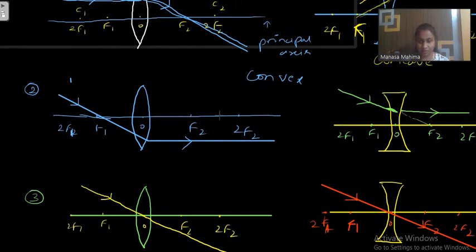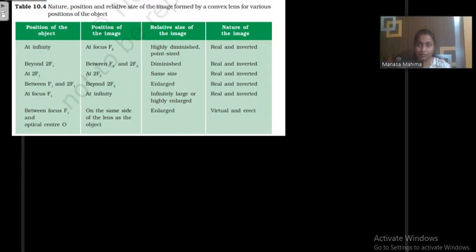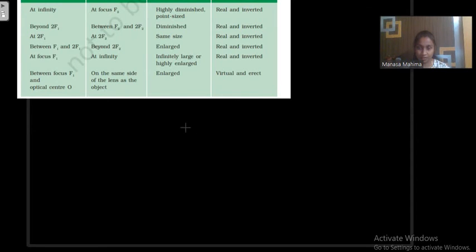If we see the first case, where we have to place the object? Yes, if we see this table, what is the first position that we have to take? We have to take the position of the object to be at infinity. For that we have to consider the parallel beam of rays. First we have to draw the convex lens, and what else?